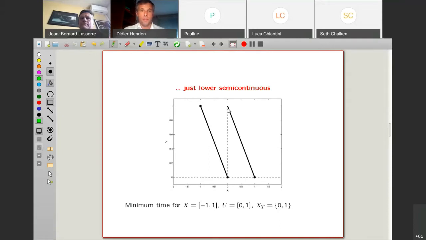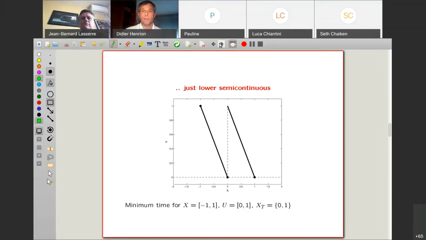Actually, it's not necessarily even continuous. For example, if I consider the minimum time problem the same as before, but instead of allowing the control to be between -1 and +1, I allow only positive controls, and my target set is, instead of -1 and 1, the boundary of X, only these 2 points, 0 or 1, then the value function, the minimum time required to reach one of these 2 points, is actually a non-continuous function of the initial condition.